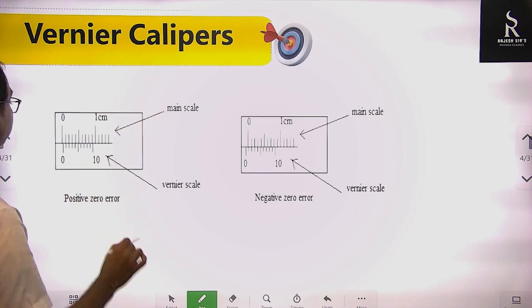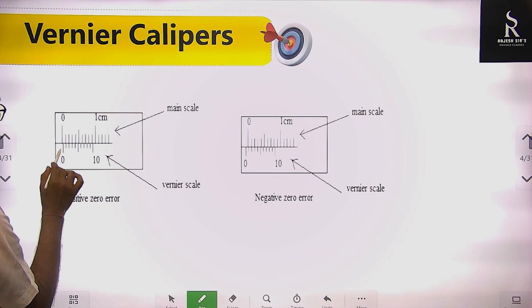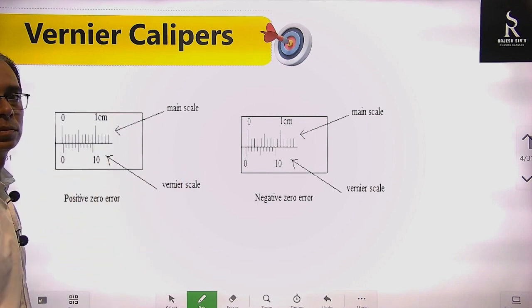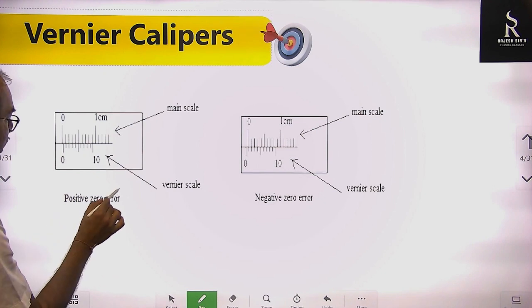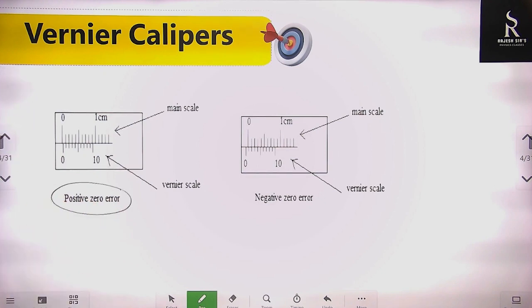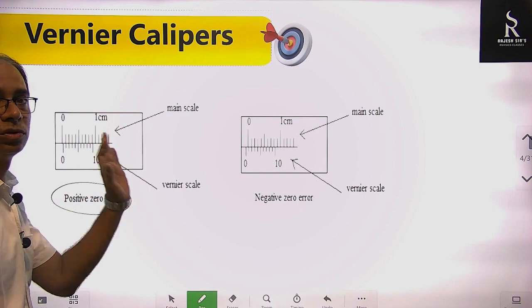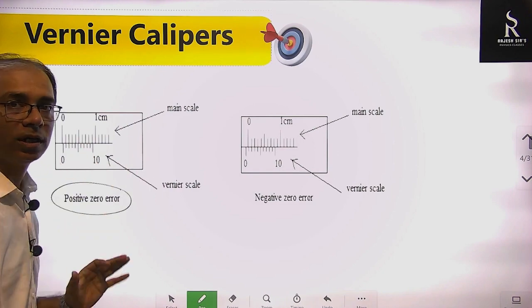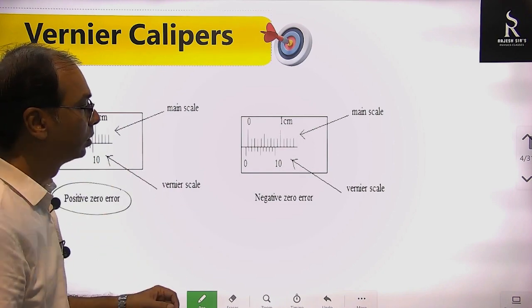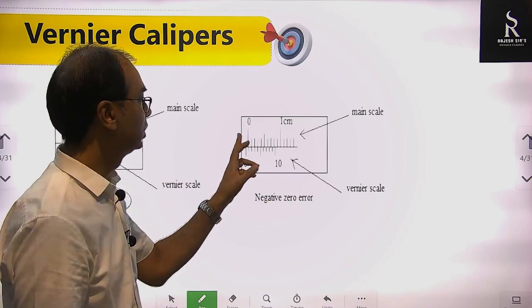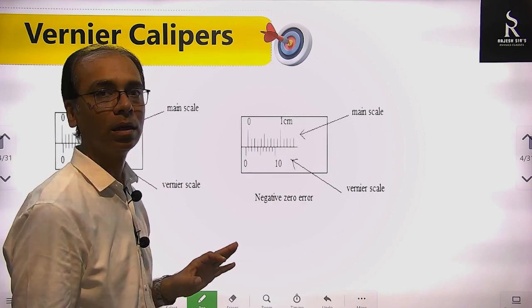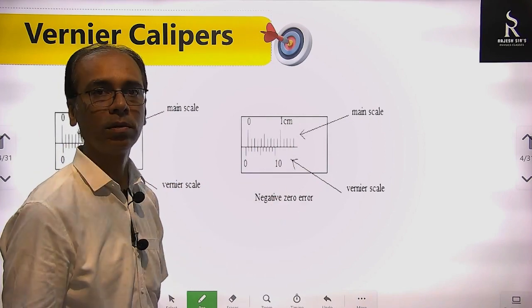You can see that 0 of vernier scale is on the right side of main scale 0, so we call it positive zero error. If the 0 of vernier scale is on the left of the 0 of main scale, then we call it negative zero error.